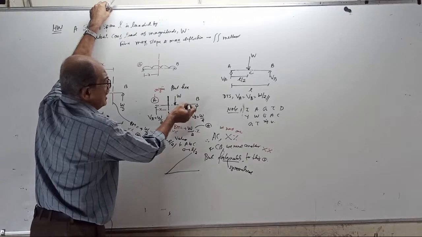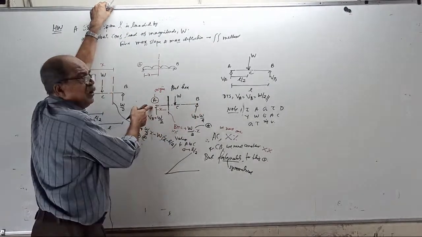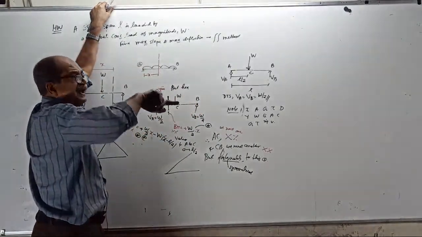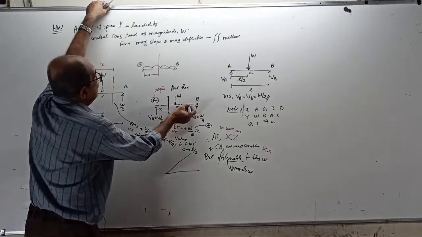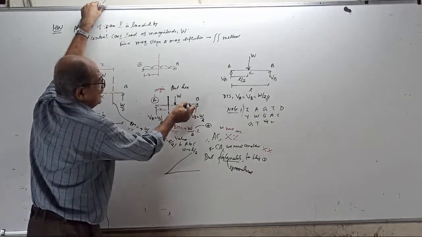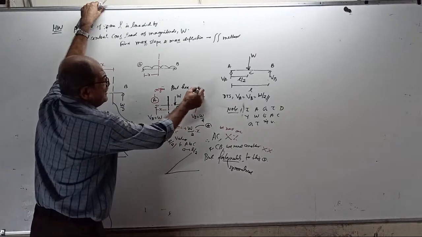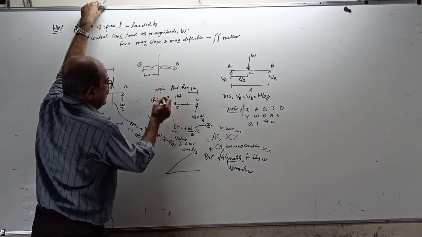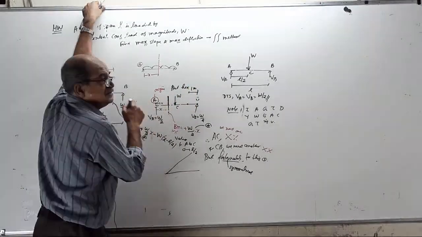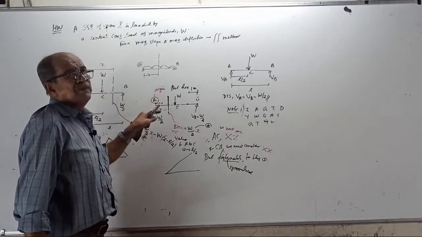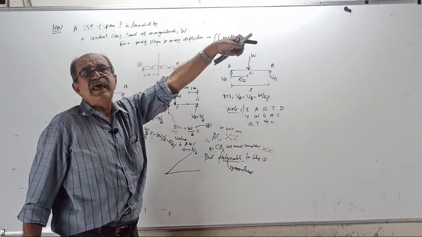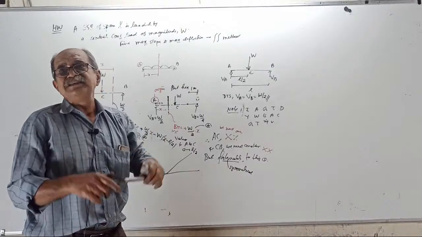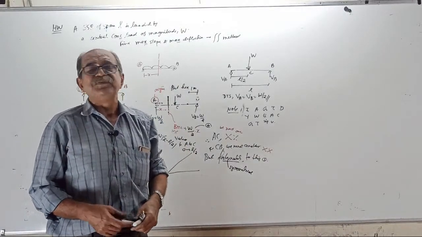Suppose you want slope at B equal to slope at A in the opposite direction. Suppose you want to find slope and deflection at a distance of, say, 1 meter from here. You find it at 1 meter from here. Same answer there, but deflection in the same direction, slope opposite.